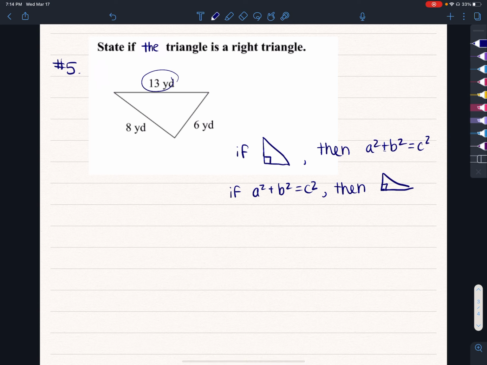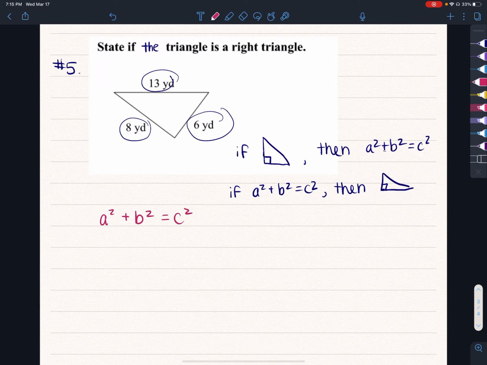So here we're being given the numbers, and we have to show if there is a right angle in here. State if the triangle is a right angle. It could be not. So what we're going to do is put in our formula as we normally do.